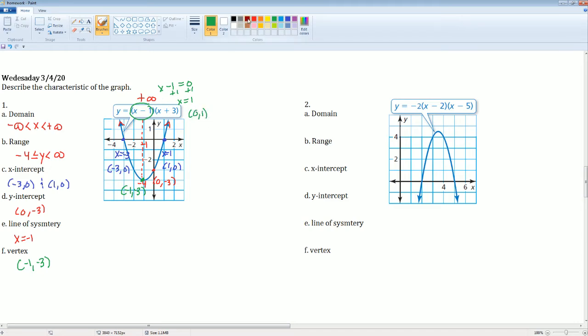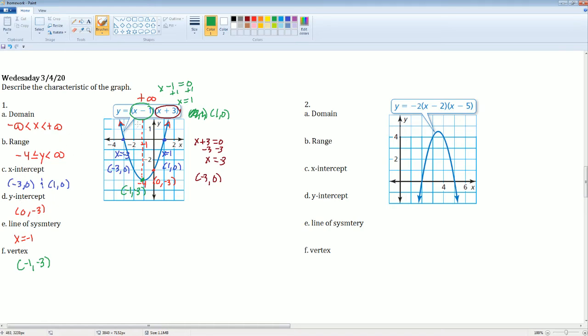Then for x plus 3 equals 0, subtracting 3, x equals -3. Oops, sorry, I wrote the points wrong. This should be -3, 0, and this should be 1, 0. This is just me showing the algebra on how I got the x-intercepts if you can't tell from the graph.